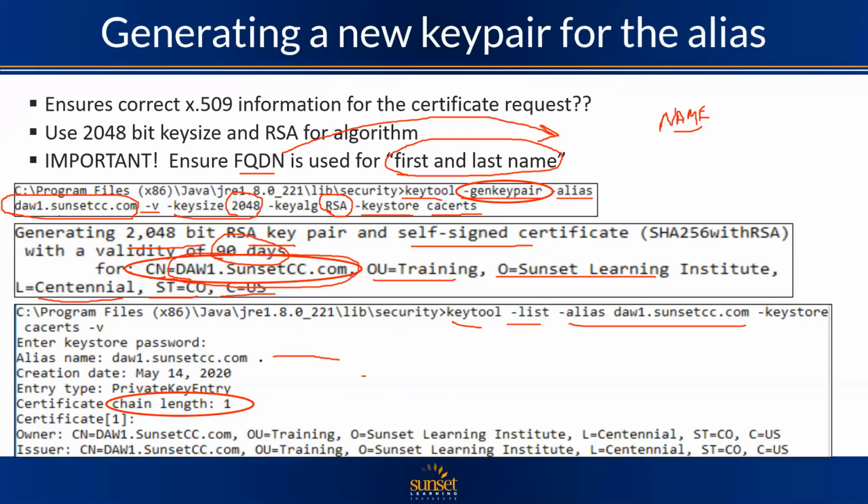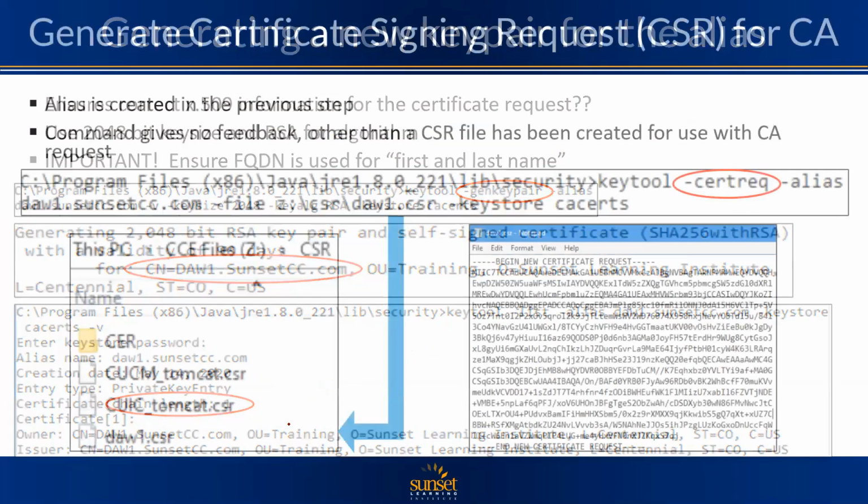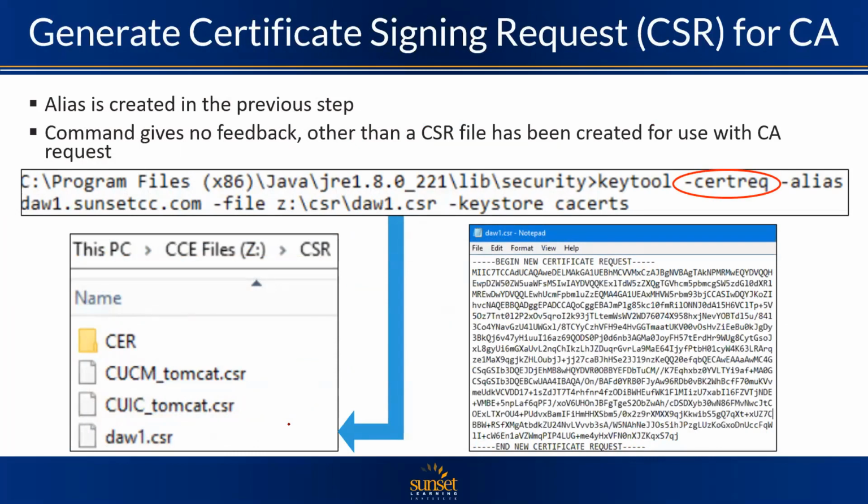And we can see that we've got one private key entry, chain length of 1. That means that right now, this is just kind of a self-signed certificate by this particular owner. It's signed by me, but it's not yet trusted by the CA server. So better export a copy of that file, so that I can get it out and get it signed.